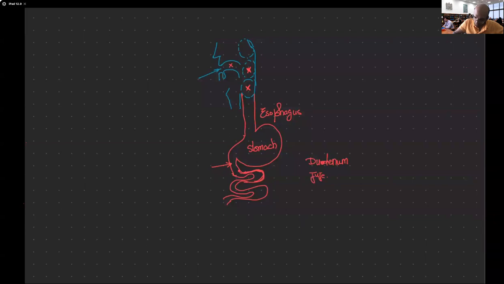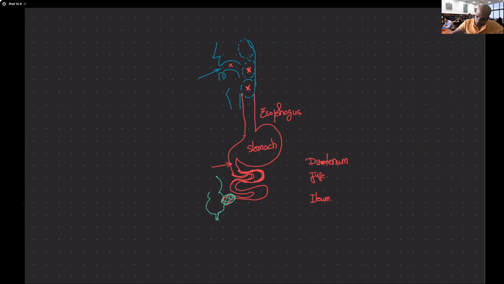And finally, the terminal part is called the ileum. In the small intestine, we're going to be performing the absorption of the different nutrients, and the remaining part that will not be absorbed or will fail to get digested will be conducted to the large intestine from the ileum.